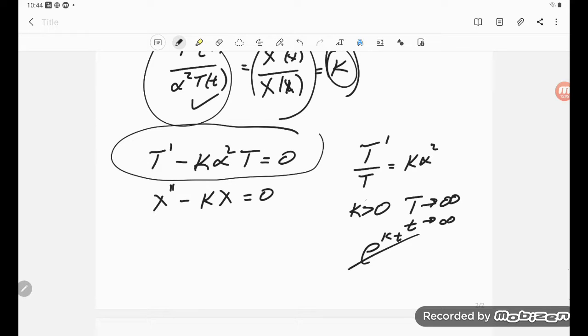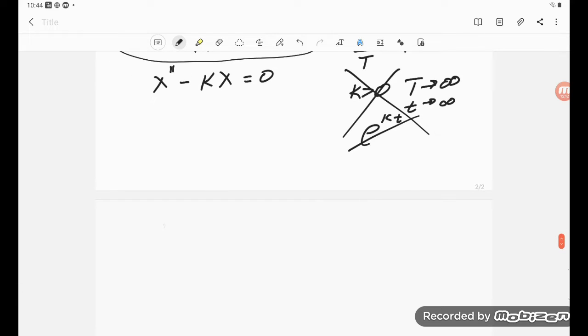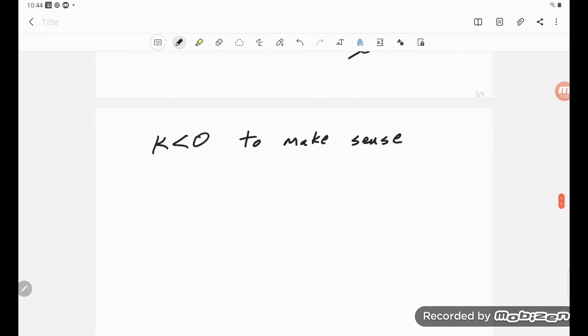Well, so this isn't going to happen. And so k has to be less than 0 to make any sense. And so what they do in the text is they just say, well, we'll let k equal minus lambda squared. So now that is definitely less than 0.